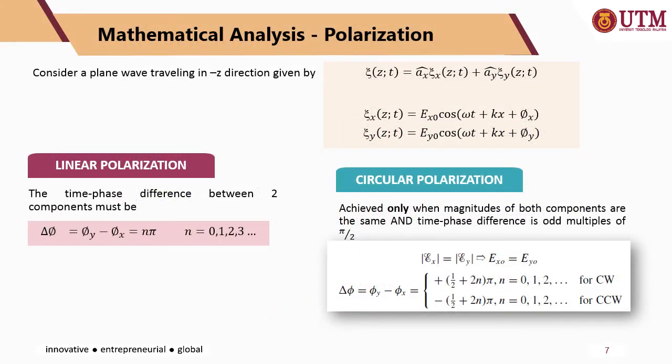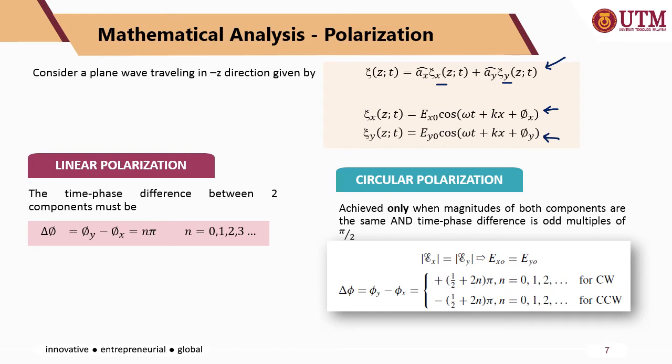Okay, so we have seen an illustration of polarization and also definitions of different types of polarization. Now we are going to analyze the polarization mathematically. Consider a plane wave traveling in the negative z direction given by this equation, in which it consists of two components, x and y components. The x component is given as Ex0 cos(ωt + kz + φx), and similarly for the y component.